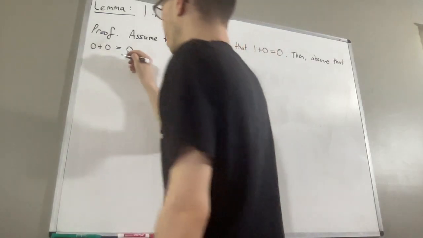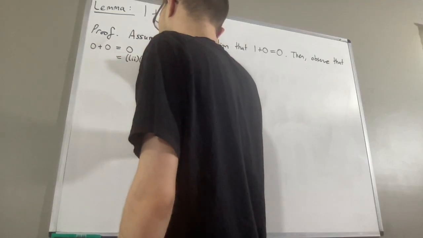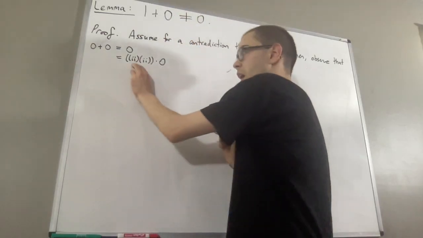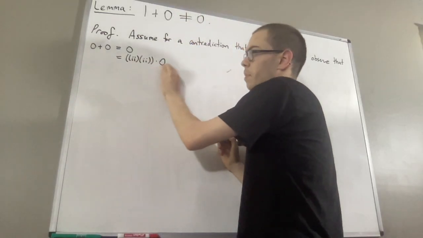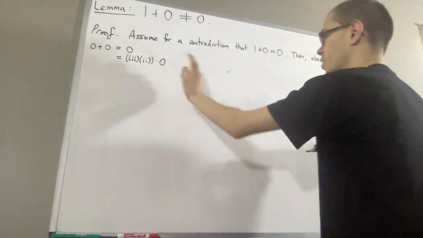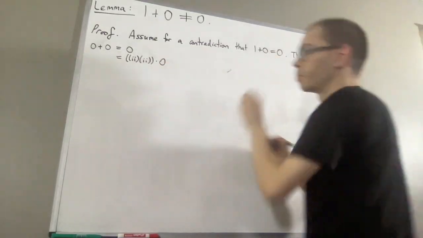Then, we also know any complex number times 0 gives us 0. So in particular, if we take the complex number i times i, multiply it by 0, we get 0. Well, since 0 is equal to 1 plus 0, let's substitute this 0 for 1 plus 0.